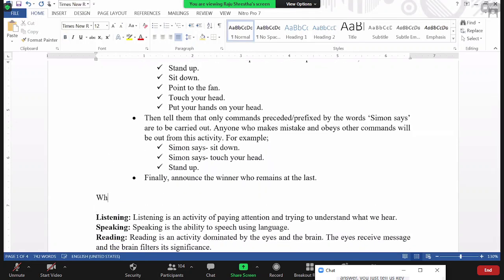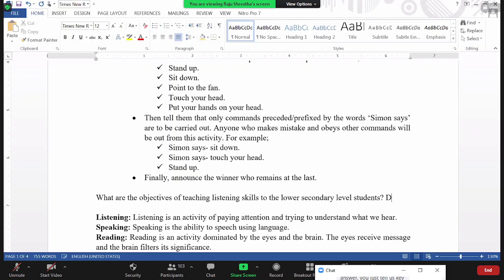Question number 2. What are the objectives of teaching listening skills to the lower secondary level students? Objectives of teaching listening to the lower secondary level students.